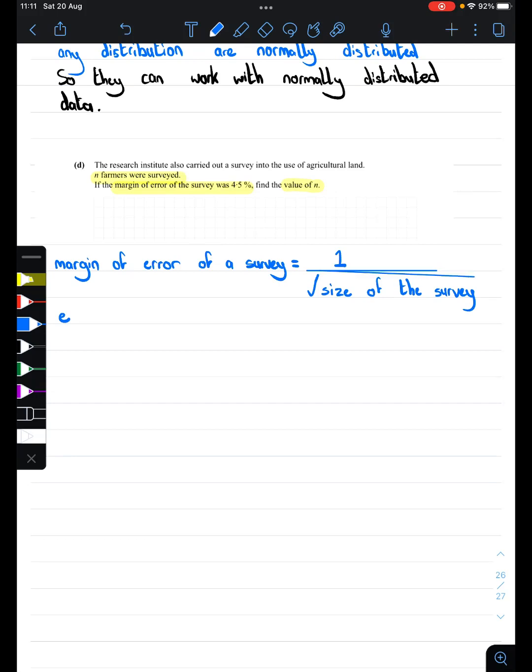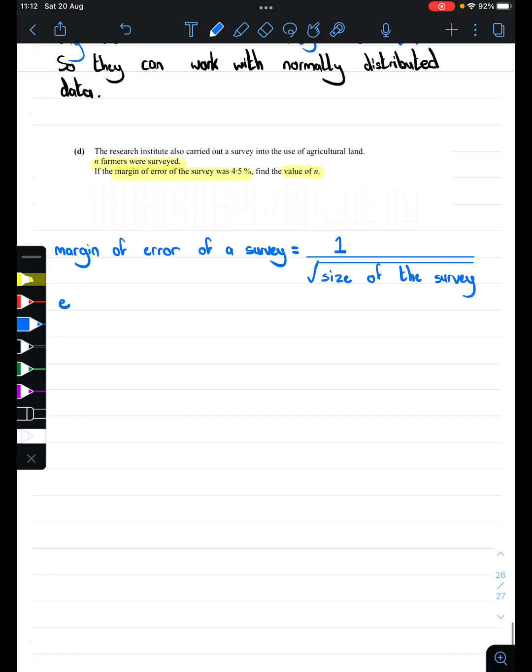And this is just something that you are going to need to know. They do ask it sometimes. Okay, so E equals 1 over the square root of N.